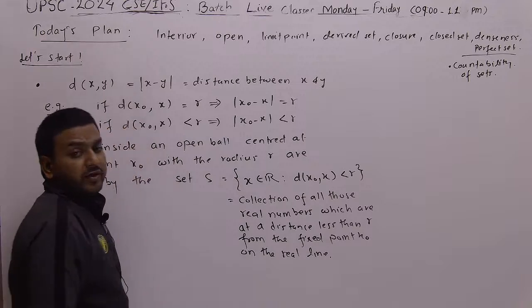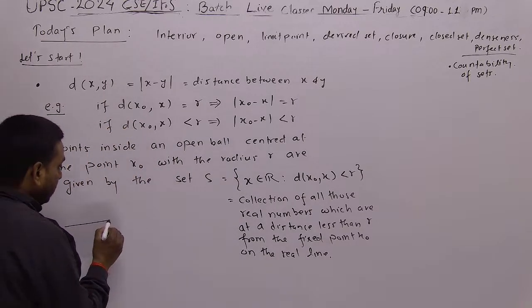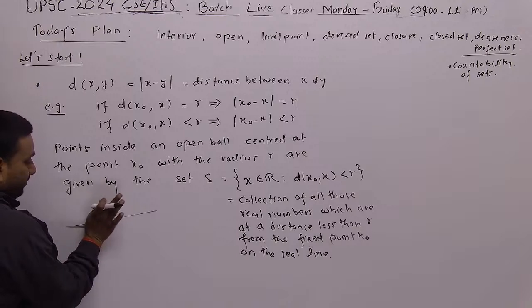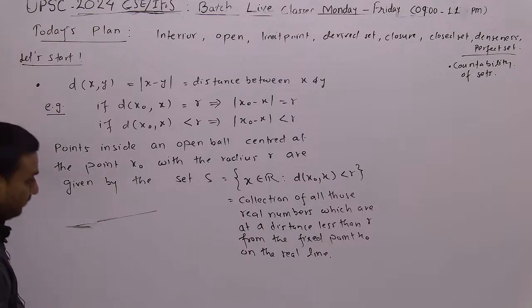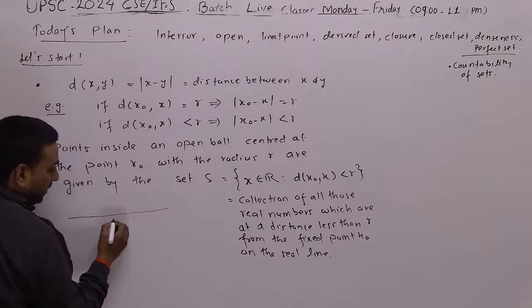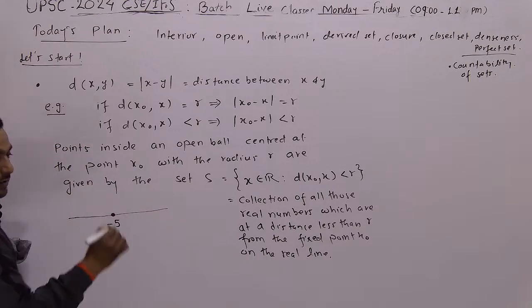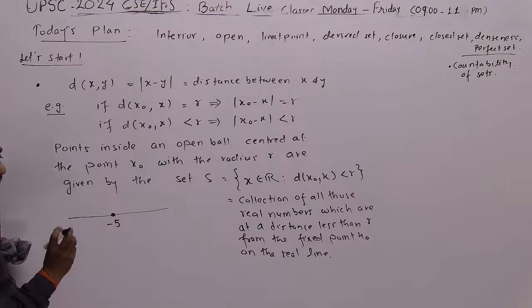For example, if someone says I have taken a point, let's say minus 5, and I want an open ball of radius 1 by 2.